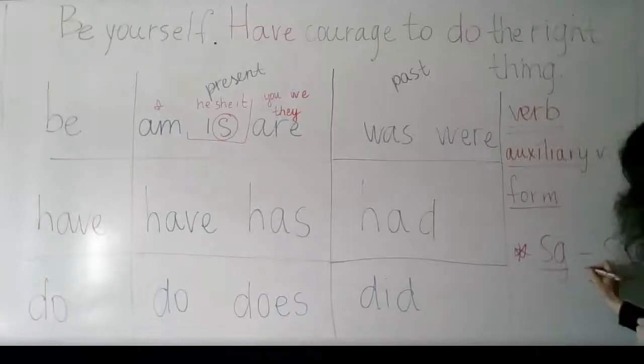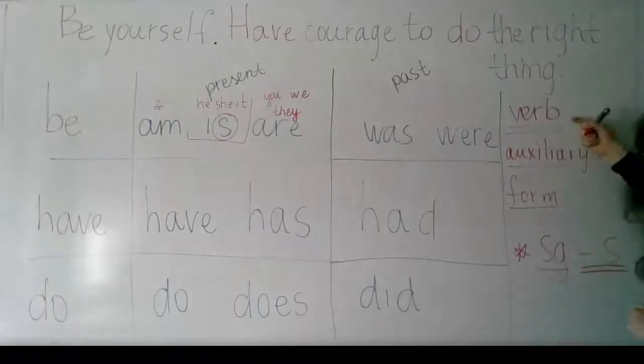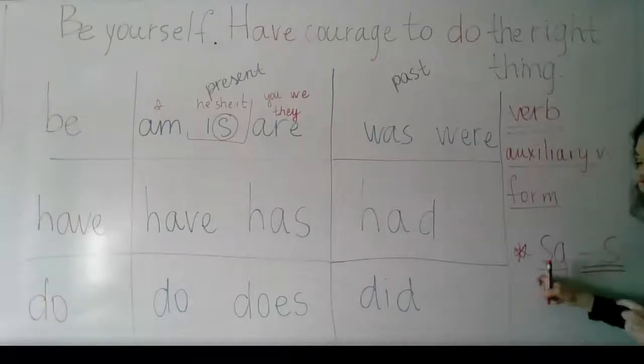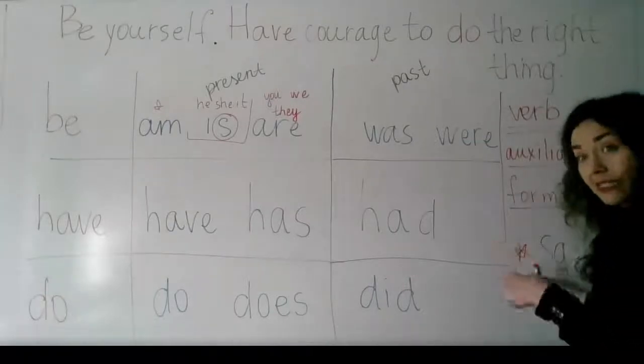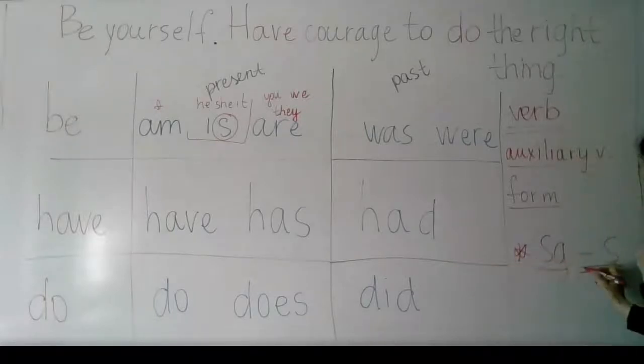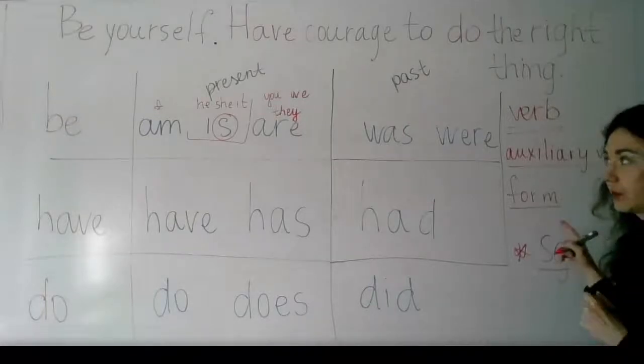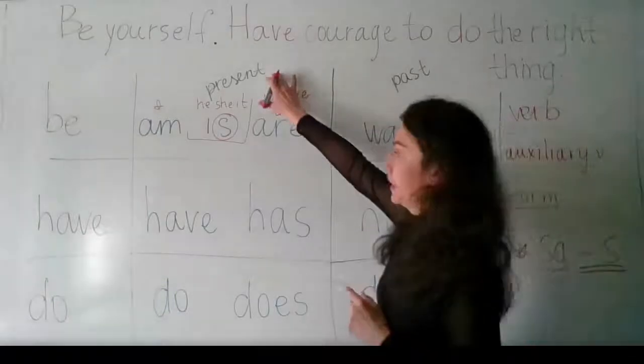S, this is the ending of the verb. Remember we talked about verbs? So when you speak about one person or thing that does something or something happens, we have to add s at the end of the verb. So it's only in the present indefinite tense form.